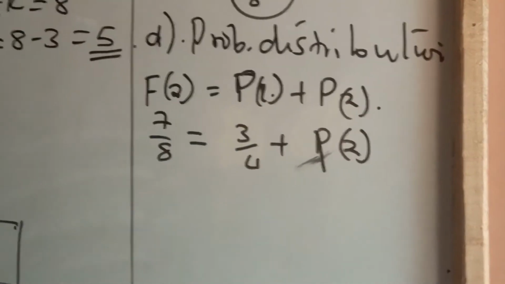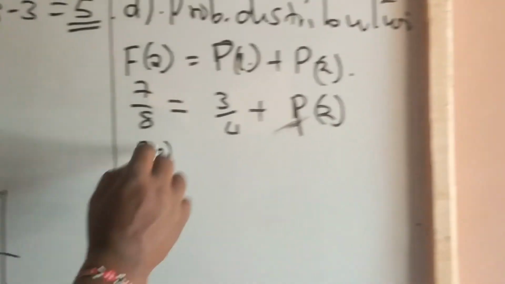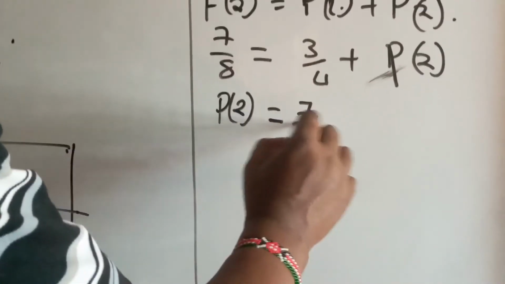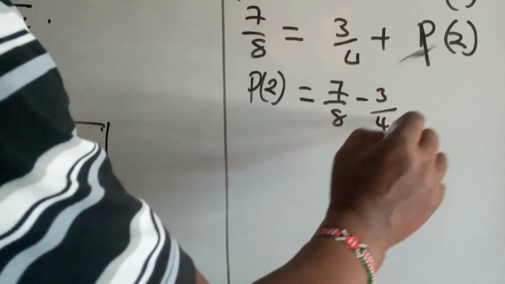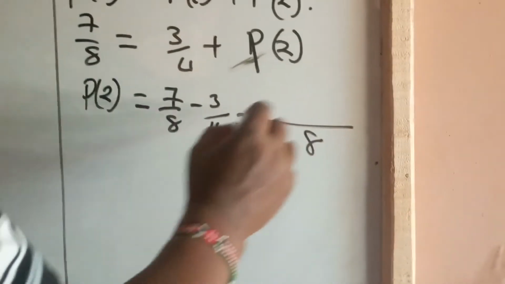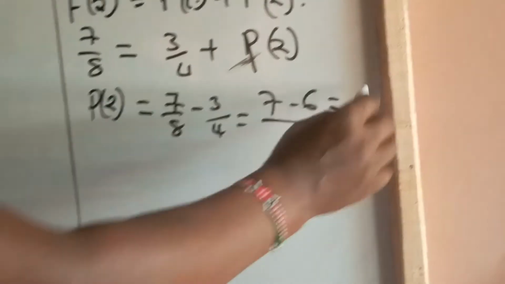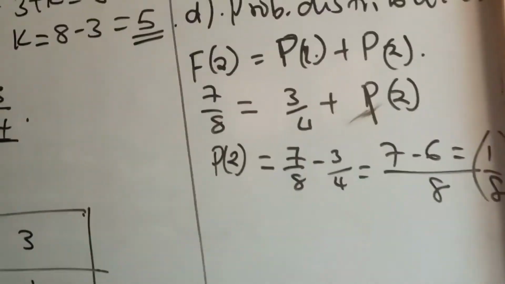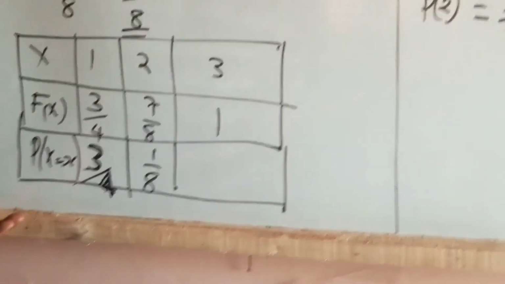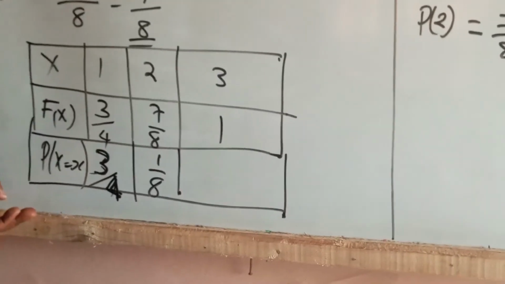So the probability of 2 is 7/8 minus 3/4, the LCM being 8, 7 minus 6, which is 1/8.